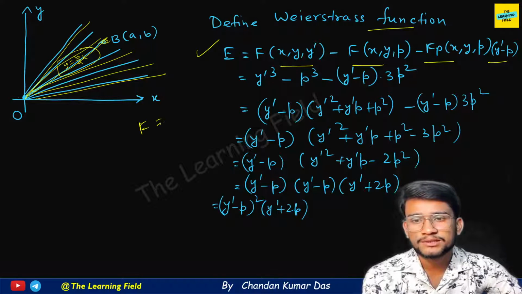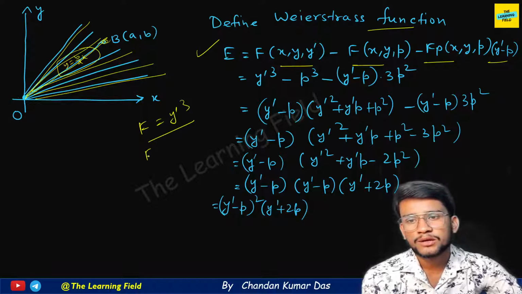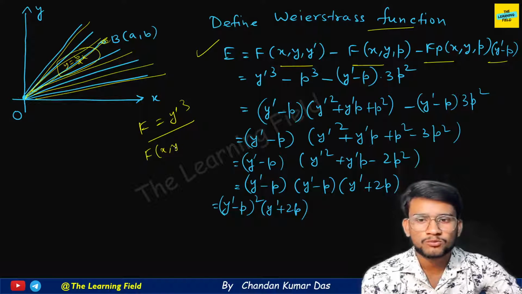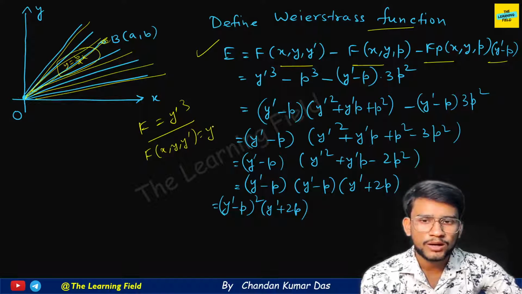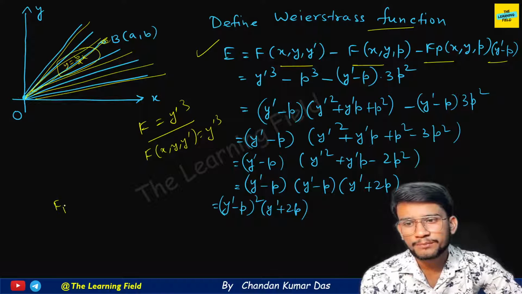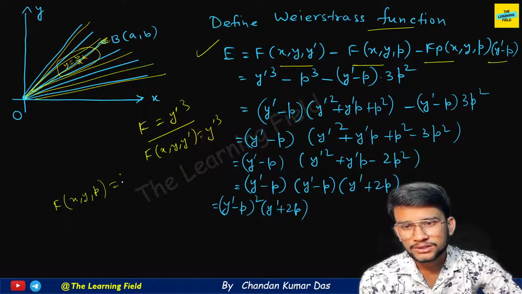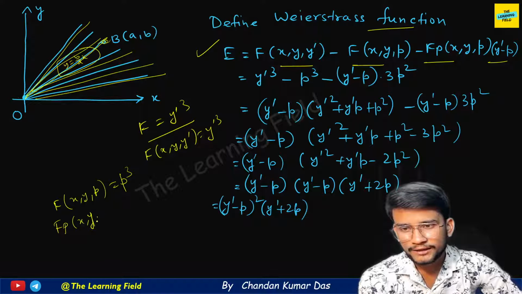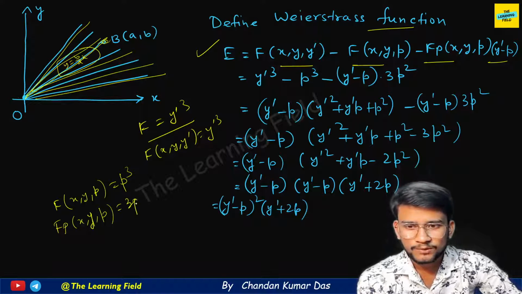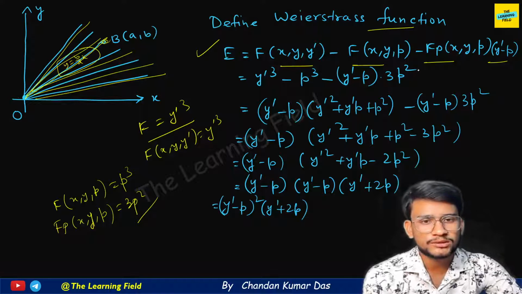Since here F is equal to y dash cube, that means F of x, y, p is equal to p cube, and F p of x, y, p is equal to 3p square. So I just put here the values: y dash cube minus p cube minus (y dash minus p) into 3p square.